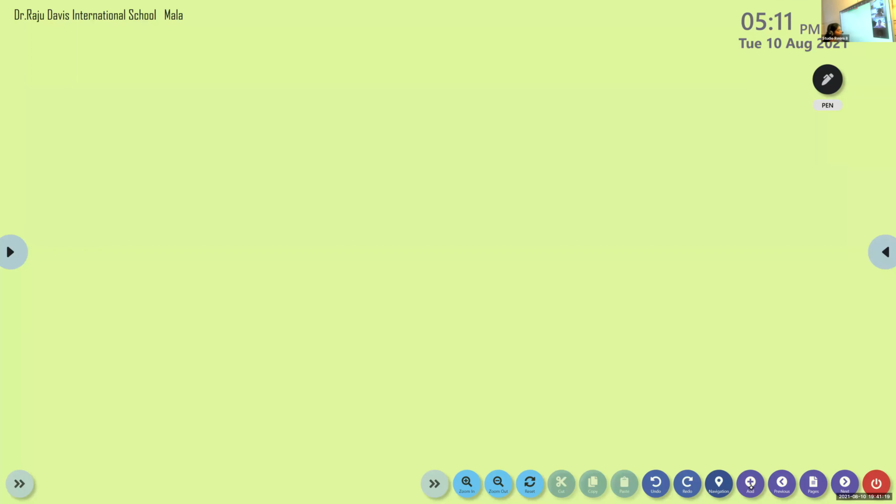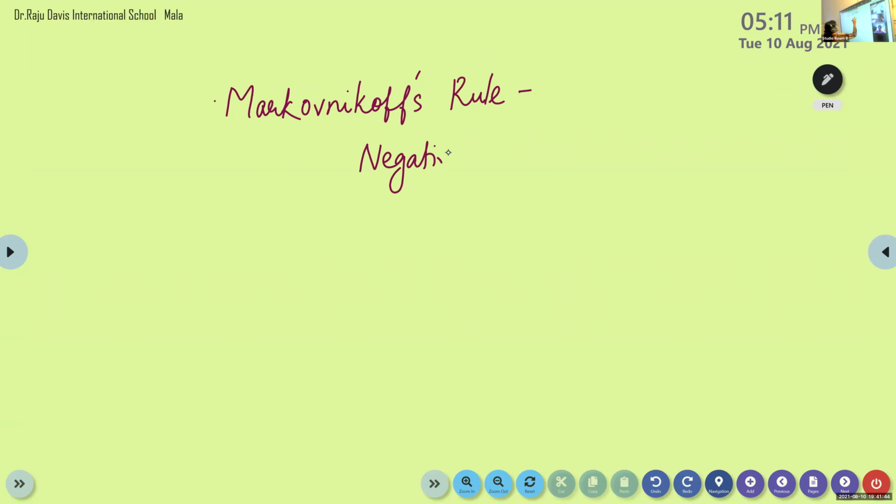Okay, you can just note here the proper statement of the rule I will give you later. Markovnikov's rule: negative part of the reagent is added to the carbon atom of the alkene with lesser number of hydrogen atoms as a major product.